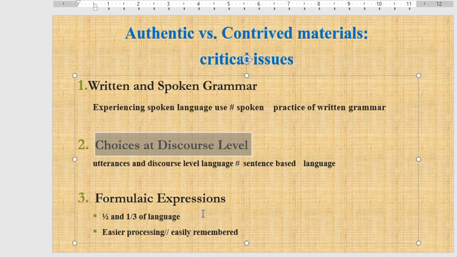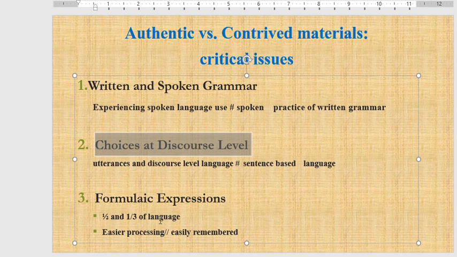The other important issue is formulaic language. You know that in real life, in real language, half of the language, or 1 out of 3 of the language features are formulaic. Formulaic means lexical bundles, a group of words coming together, or collocations. They are usually called lexical bundles or phrases, the words coming together.